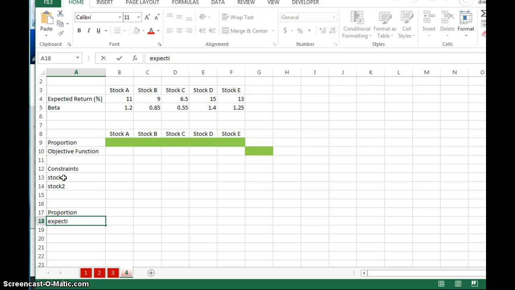Then you're going to enter an expected return constraint. Your expected returns has to be greater than or equal to 11%. Each of these stocks has to be less than or equal to 35% of the portfolio, but the total portfolio can't be more than 100%, and your expected returns need to be at least 11%.